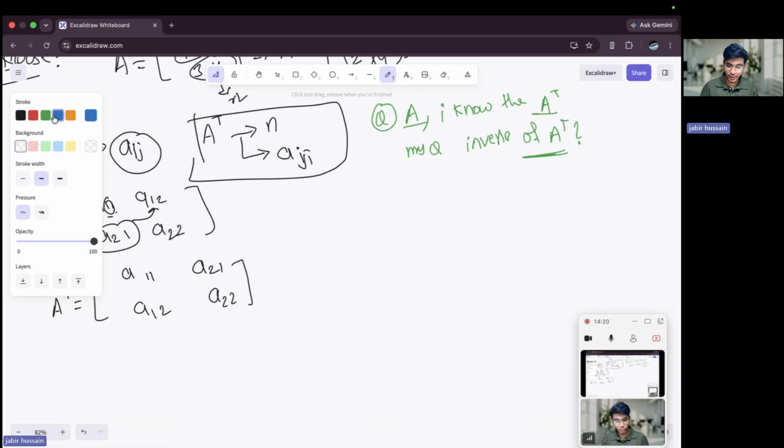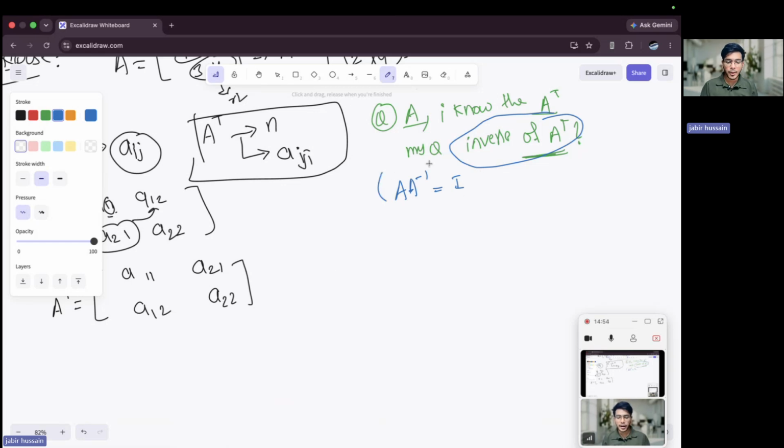Let me write it with the blue pen. What is the rule of inverse? The rule says that if I have a matrix A, and let's assume that it does have an inverse, then if I multiply it by its inverse, it will give me I. Now, my main goal is to find the inverse of A transpose.